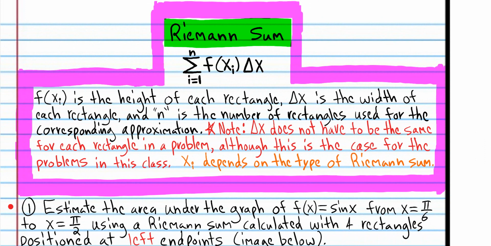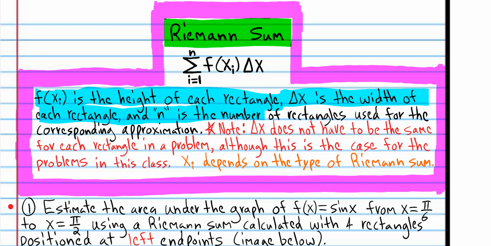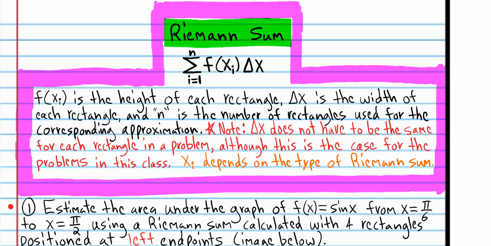So here is the expression for a Riemann sum. F of x subscript i is the height of each rectangle. Delta x is the width of each rectangle, and n is the number of rectangles used for the corresponding approximation. Now you're probably wondering, why do we have a subscript i there? Well, that's because x subscript i depends on what type of Riemann sum we're using.